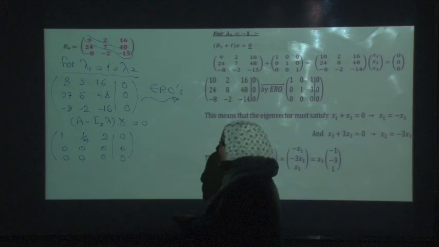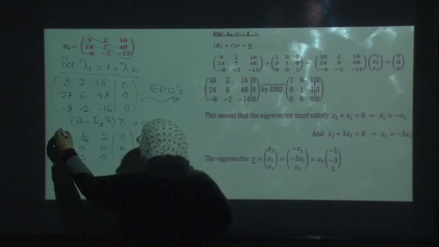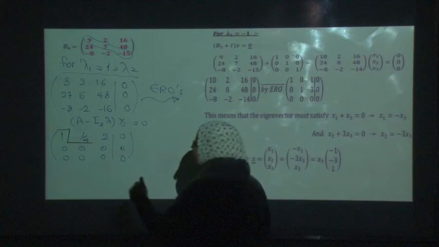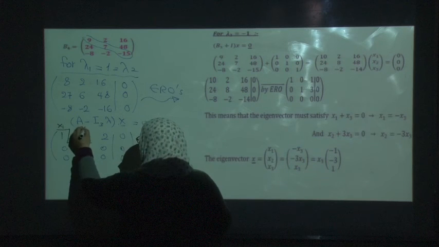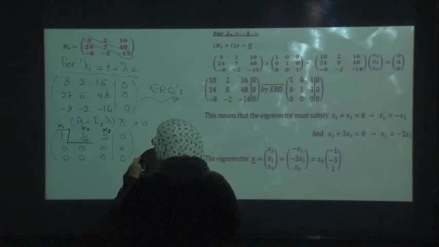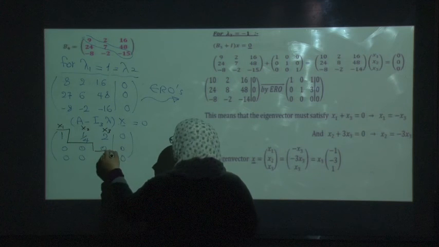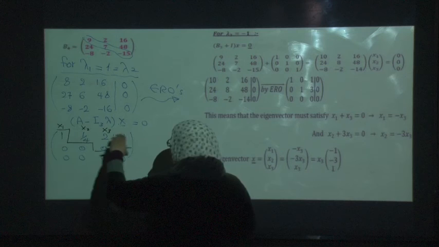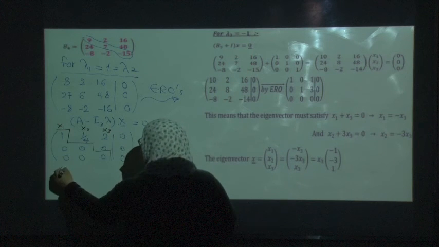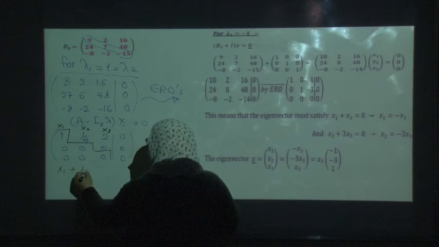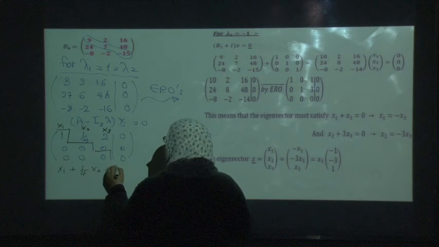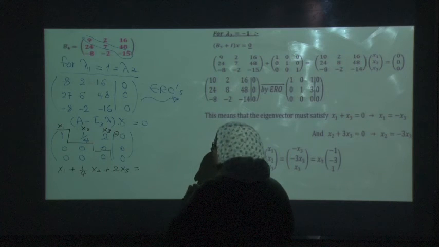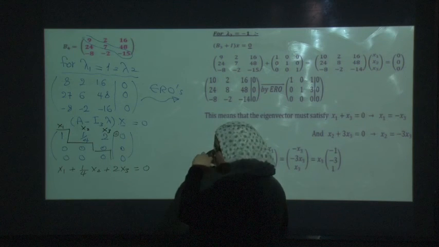Now let's identify it. The first element in the diagonal is 1, which means it's a basic variable. We can call it x1, and here for x2, and this is x3. The second one is 0, which means it's a free variable. And we have only one equation, which says that x1 plus 1/4 x2 plus 2x3 is equal to 0.